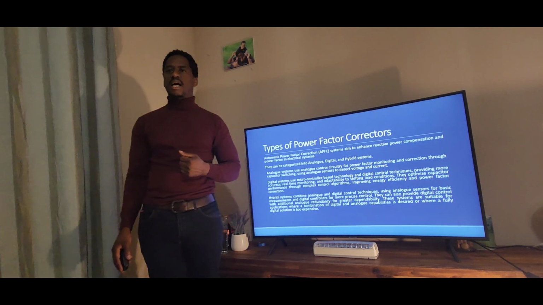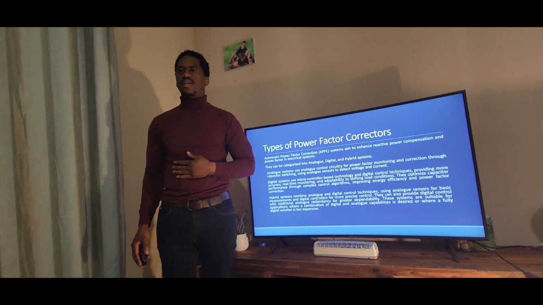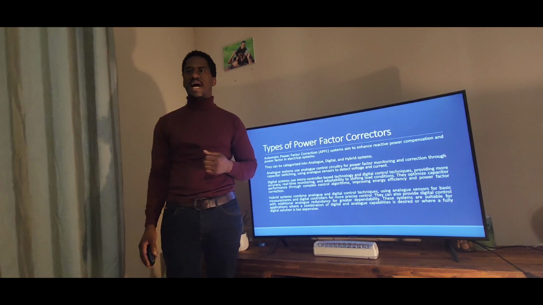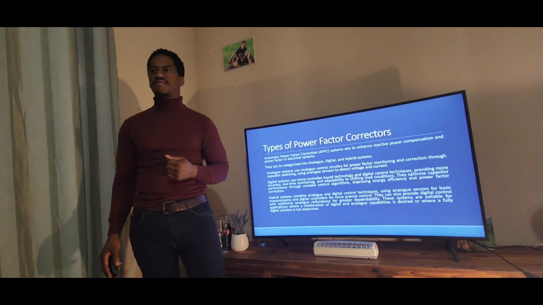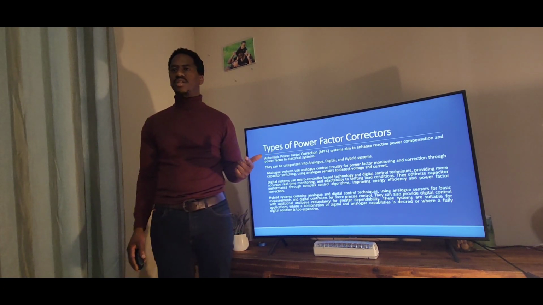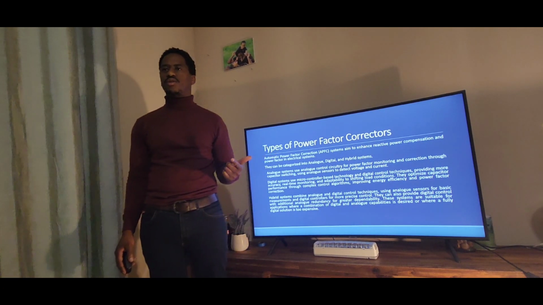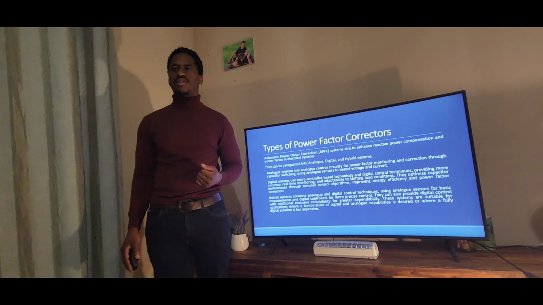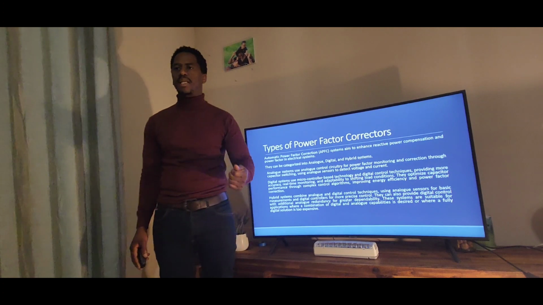Analog systems use analog control circuitry for power factor monitoring and correction through capacitor switching, using analog sensors to detect voltage and currents. Digital systems use microcontroller-based technology and digital control techniques, providing more accurate, real-time monitoring and adaptability to shifting load conditions.